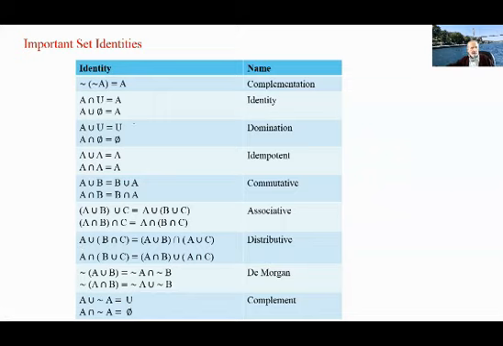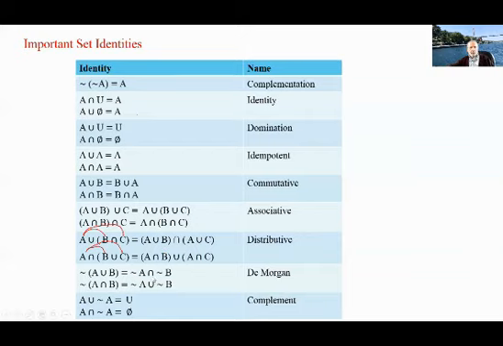Let's see how we can do that here. A union B and A union C, and you put the intersection between them. The same thing here: A intersection B, A intersection C, and you put the union between them.